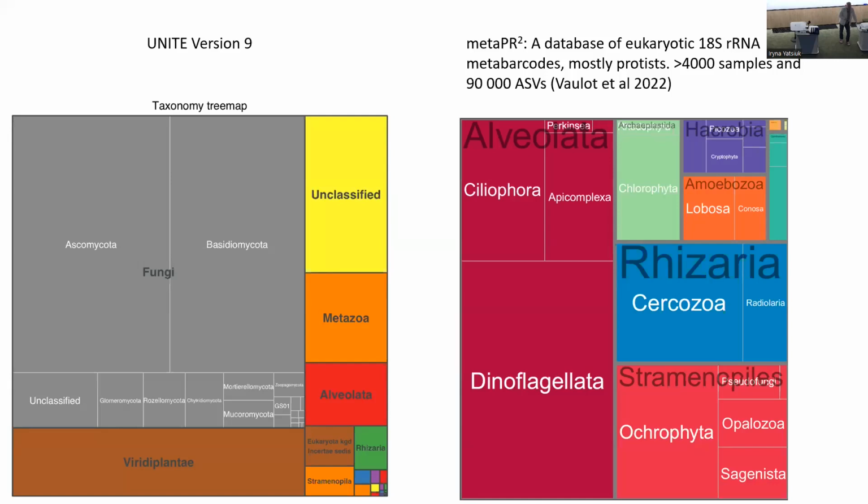But the interesting thing here is that because they are focusing on protists only, the most, let's say, species-rich groups in their reference data set are the same as in ITS-based UNITE data sets. Of course, we have here unclassified. So this means unclassified on kingdom level. Many are, of course, just mistakes.